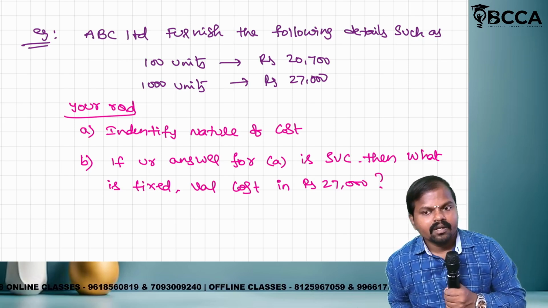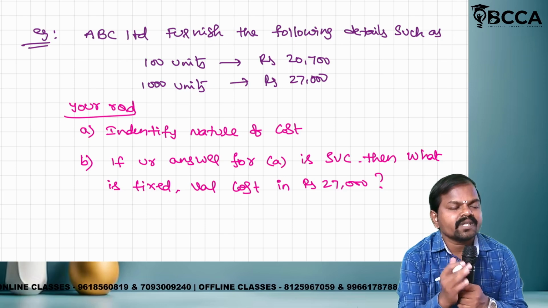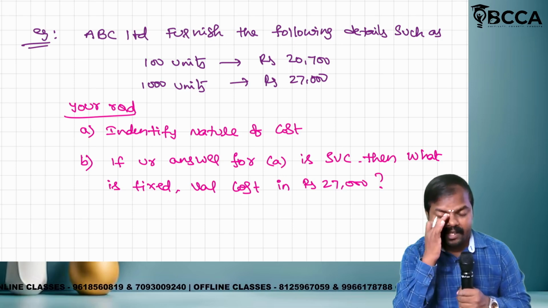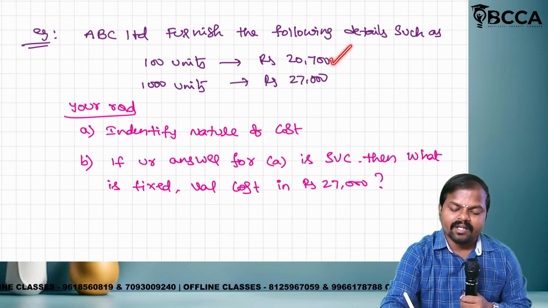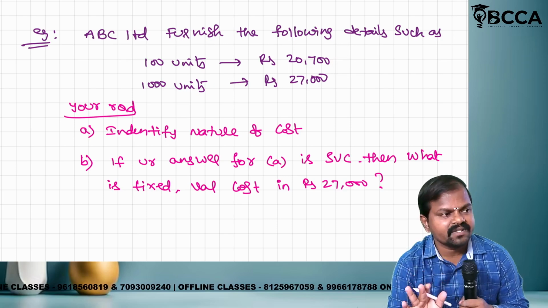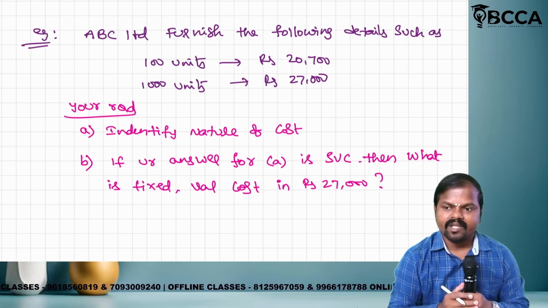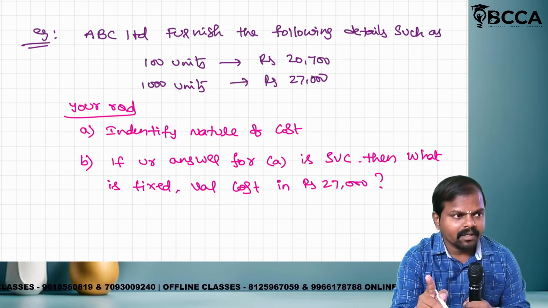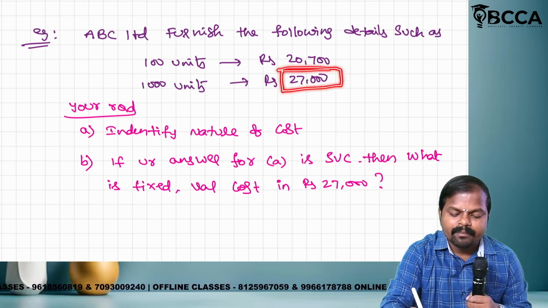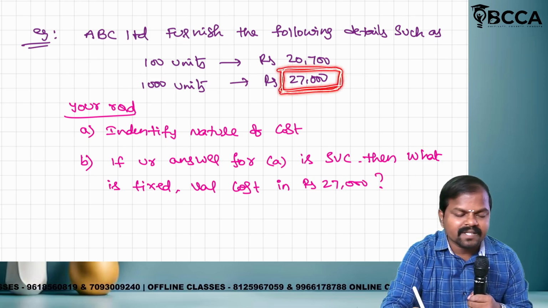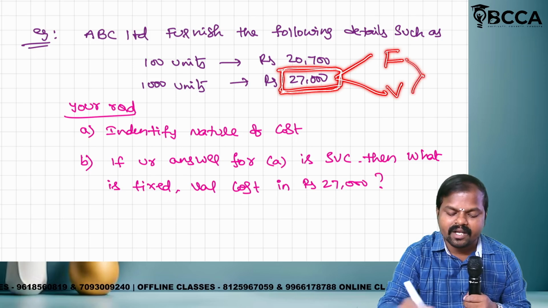Clear? What is the examiner asking first? The nature of the cost, for 20,700 and 27,000. Is it fixed, variable or semi-variable? That is the first question. Second question: if your answer is semi-variable, please tell me, in this 27,000, what is the fixed cost and what is the variable cost? They are asking this in the second question.